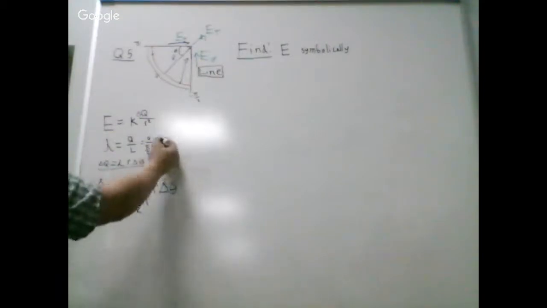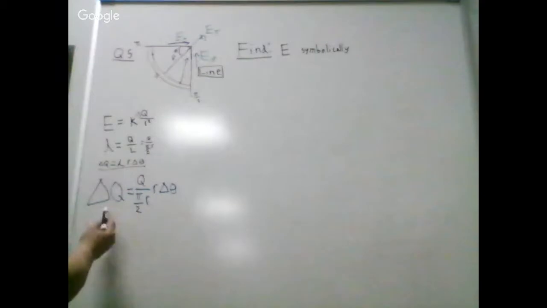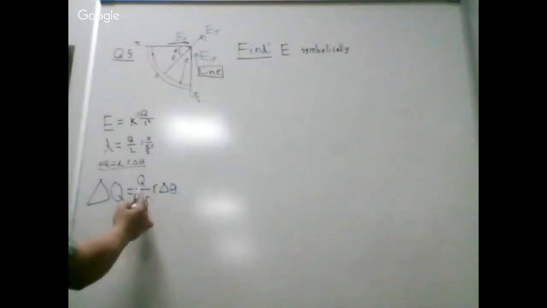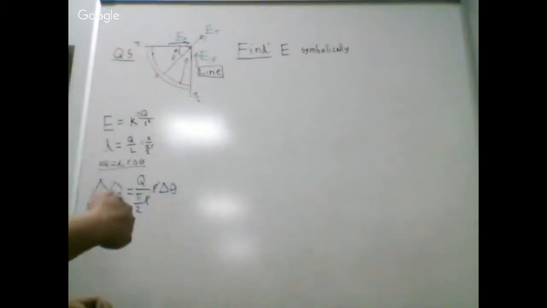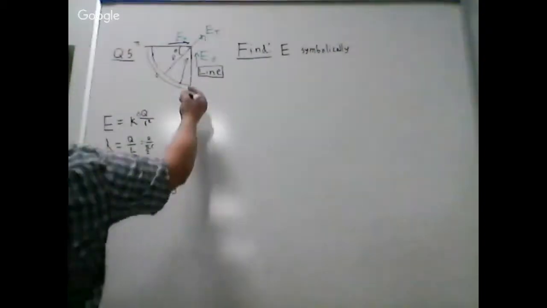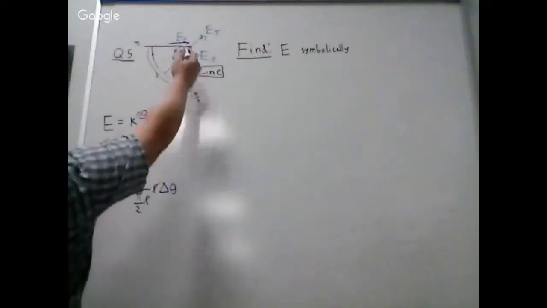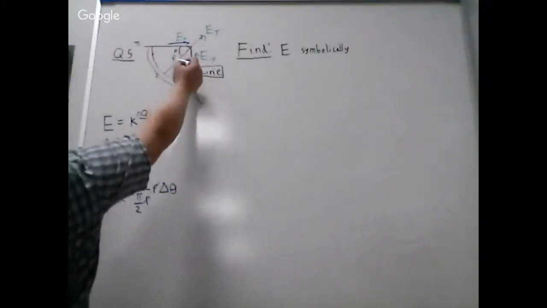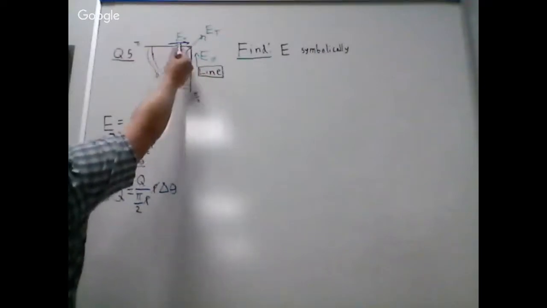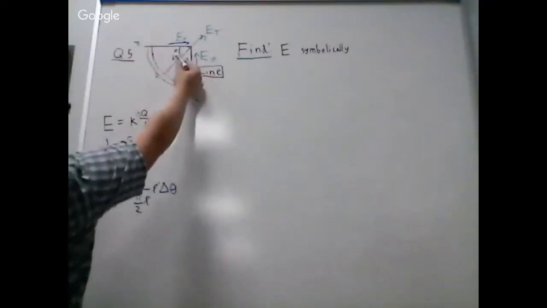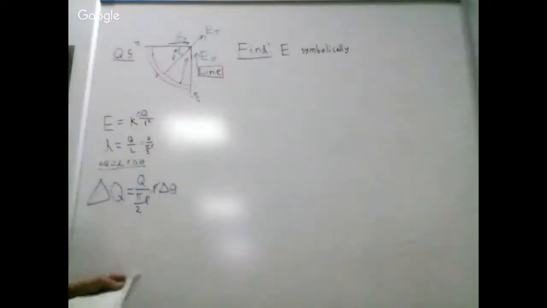So if you put this back in here, you can find that delta Q is equal to Q over pi halves R times delta theta. Your R's actually cancel. So now we can integrate this for E of X and E of Y. And to get it in the X direction, we'll just do the cosine of this theta at any point, and then the sine of theta for the Y direction.